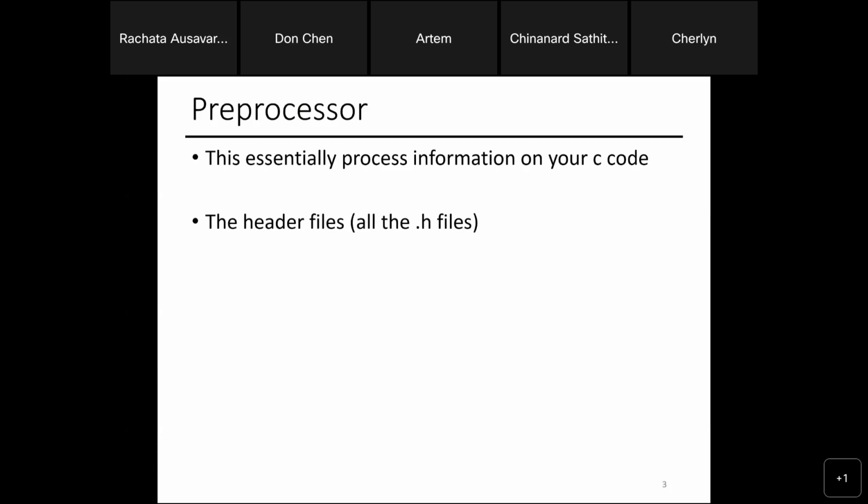The header file usually contains function definitions, a list of functions. Most of the time, if it's a legit function that has been implemented and is available somewhere on your machine, then the header file will allow your program to call that function.